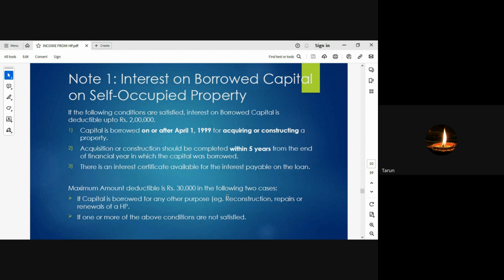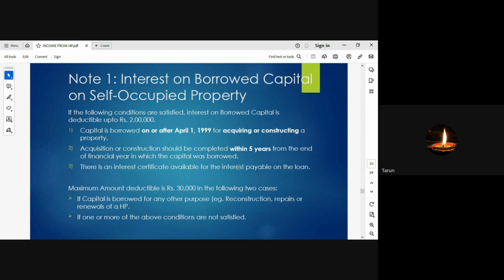The acquisition or construction should be completed within 5 years from the end of the financial year in which the capital was borrowed. If these three conditions are fulfilled, interest on capital will be deductible up to 2 lakhs only.